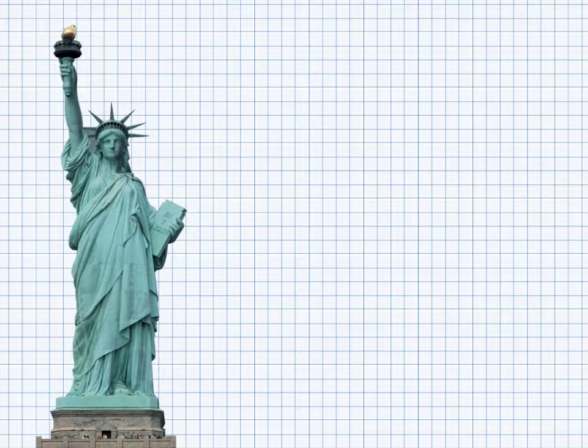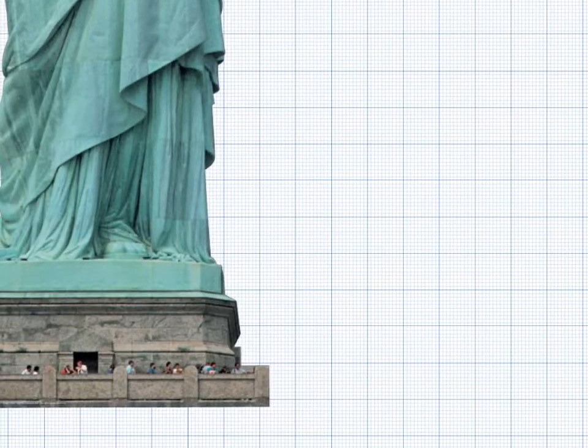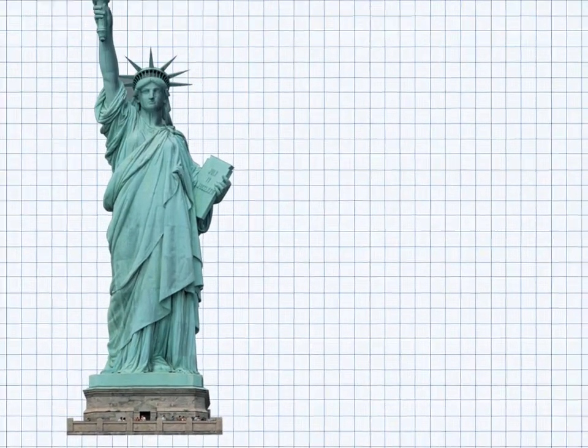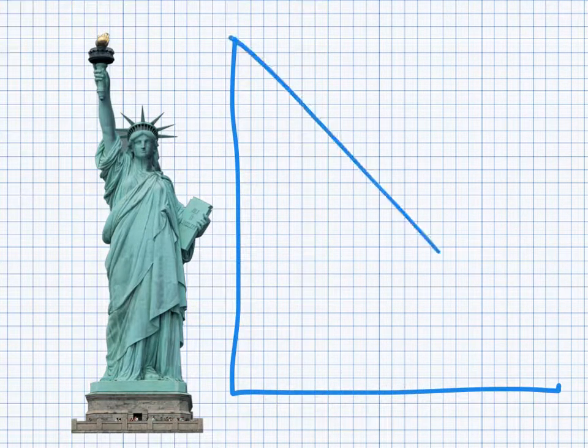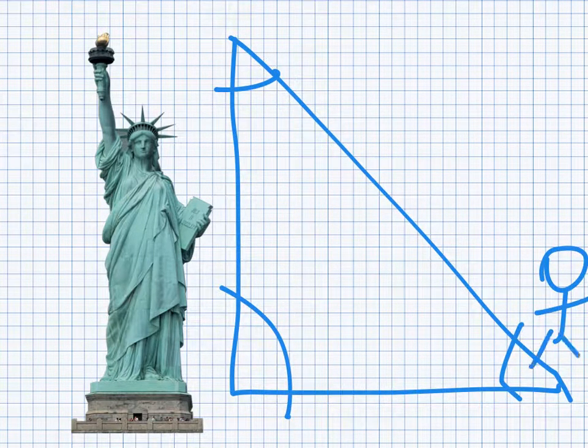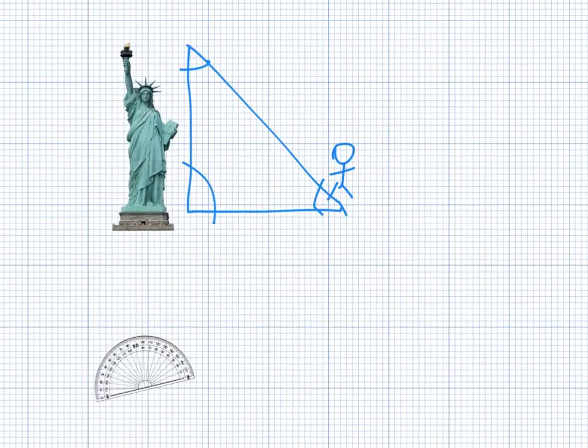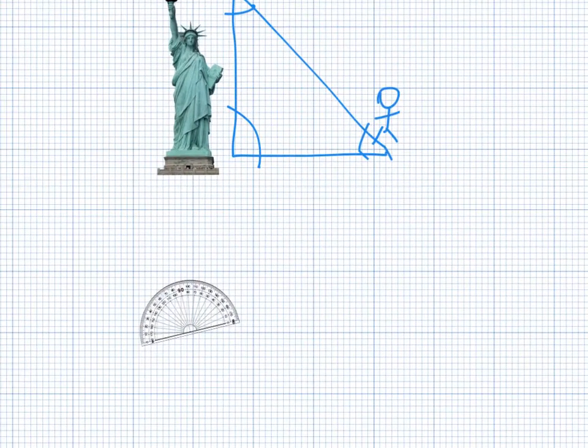Next thing I want to do is work out how tall this lady is. I can see down the bottom that she is pretty tall because those people are tiny. And I'm going to do this with the power of trigonometry. So I'm going to need to find out some angles and some lengths. I might want to bring in a protractor to help me do that as well.